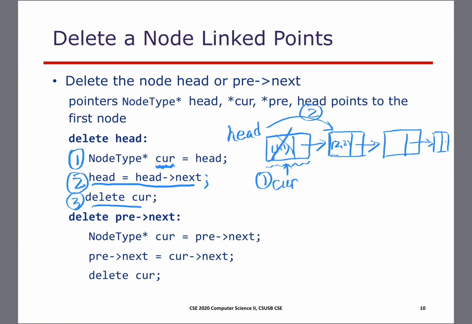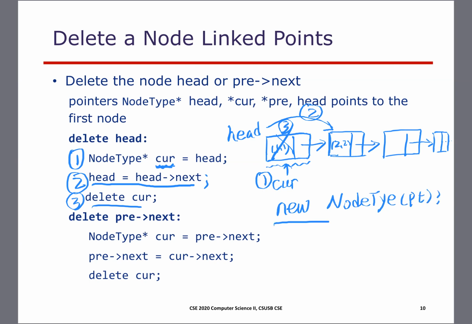And then the third step, we delete current. We know that all these nodes are created using the new operator, new node type PT.